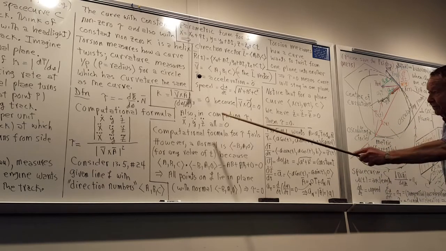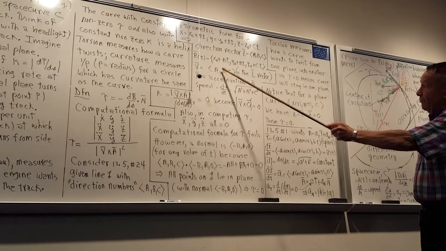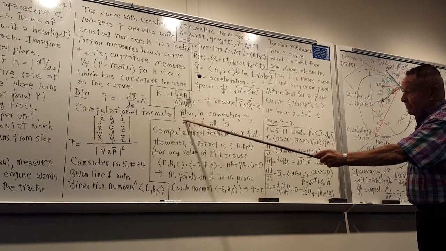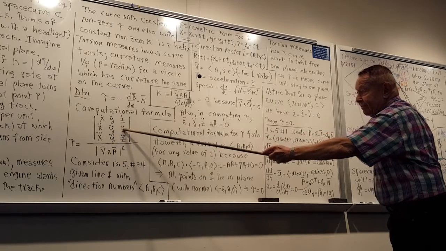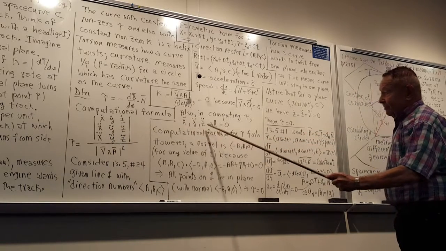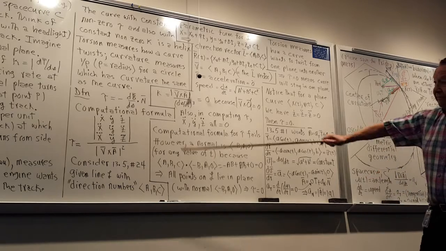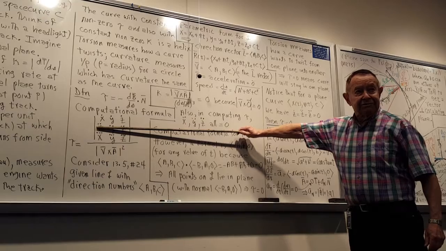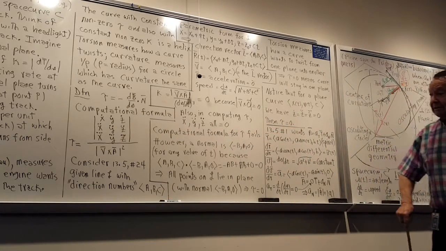So if you're computing torsion, you see your x dot, y dot, z dot would be these numbers, but your double dots in here would all be zero. They're derivatives of constants. And if you have a determinant where any row is zeros or any column is zeros, the determinant is zero.